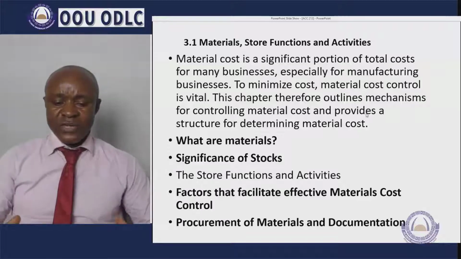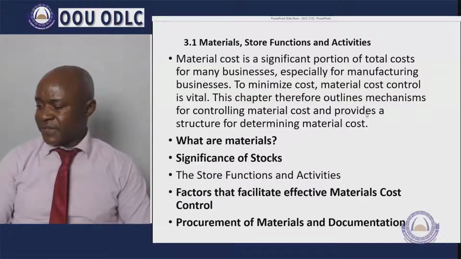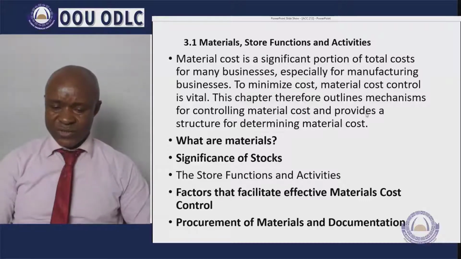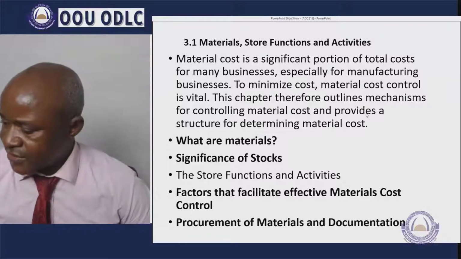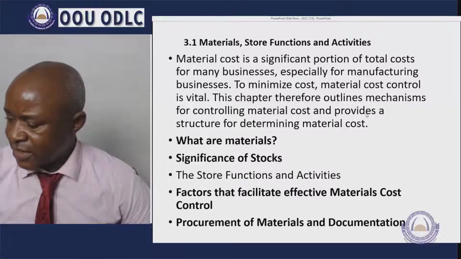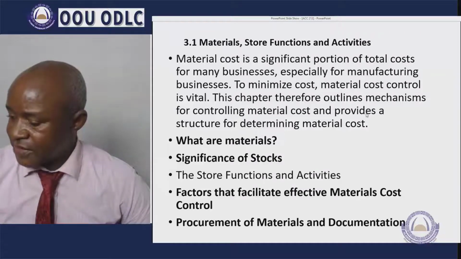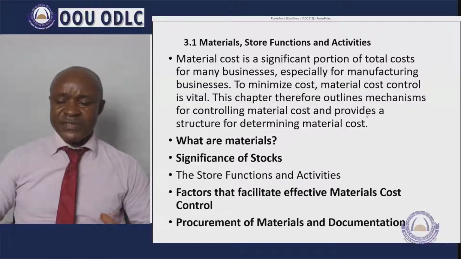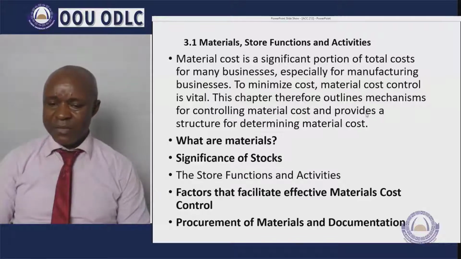Like I said, stores include all tangible material assets other than fixed assets which an organization uses in its business. And like we say, material cost is a significant cost in a manufacturing setup.